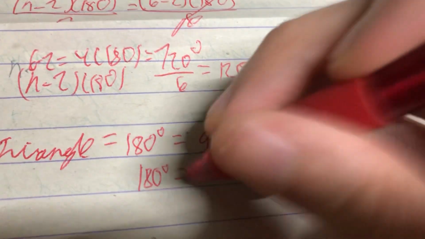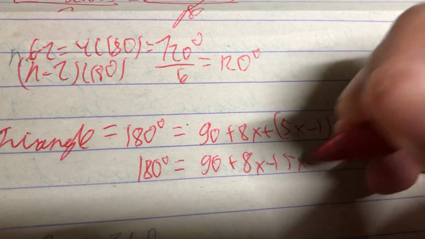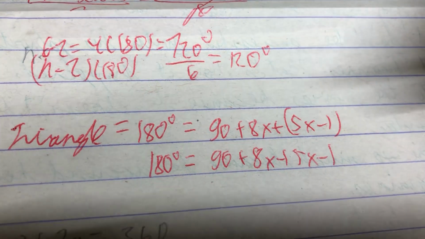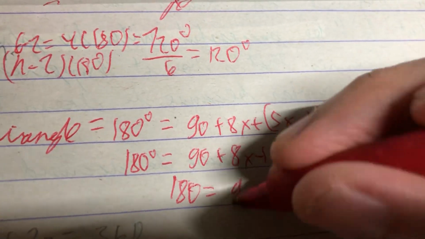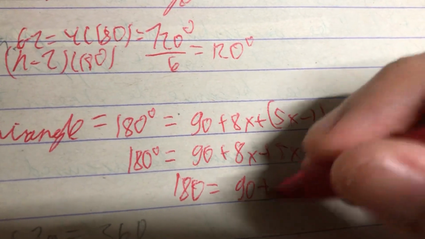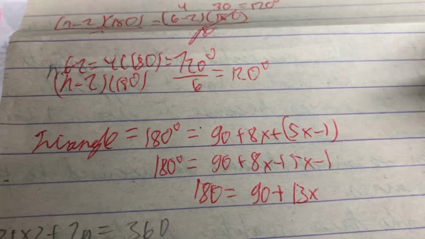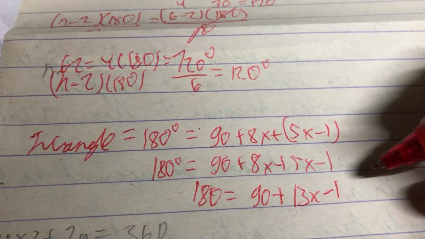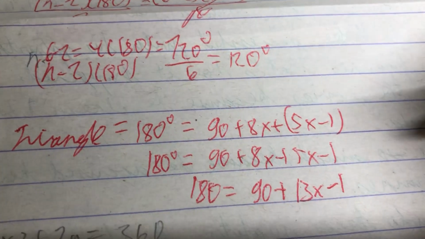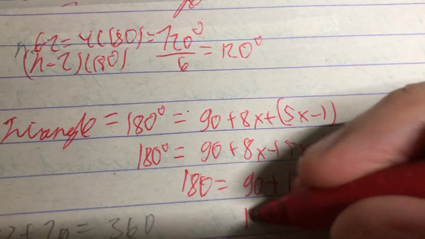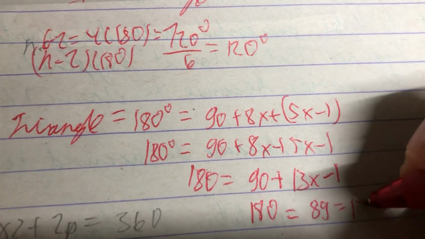Combining like terms, we get 90 plus 13x minus 1. So 180 equals 90 minus 1, or 89, plus 13x.